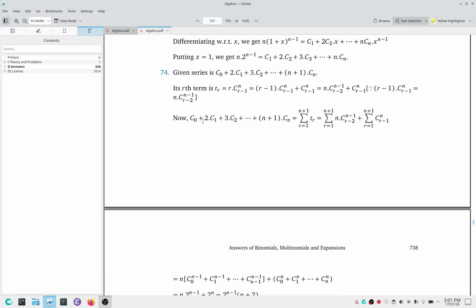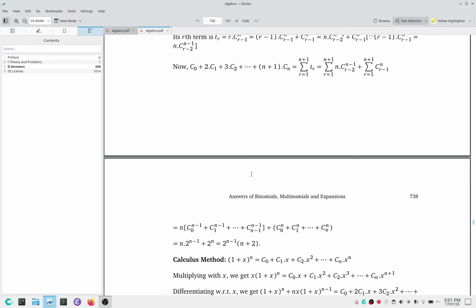So from this we sum the series from r is equal to 0 to n. We get C0 + 2C1 + 3C2 up to (n+1)Cn is equal to the sum of the general term for r from 0 to n. So we sum these two, and the sum would be n times (n−1)C0 + (n−1)C1 up to (n−1)C(n−1), and nC0 + nC1 up to nCn.